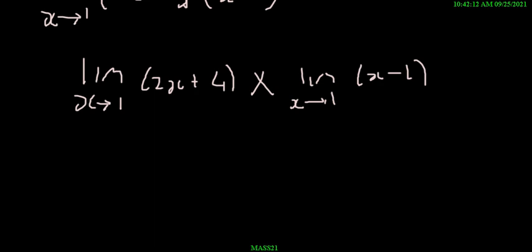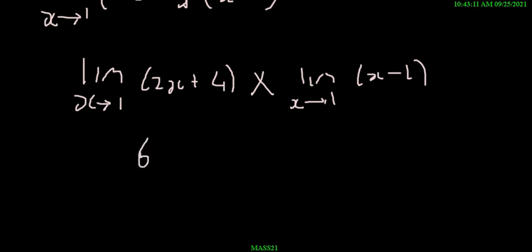Here we bring back the property of addition. We find the limit of 2x and then add them. We have 1 here, so we put 1 there: 2 times 1, which is 2, plus 4, is 6.